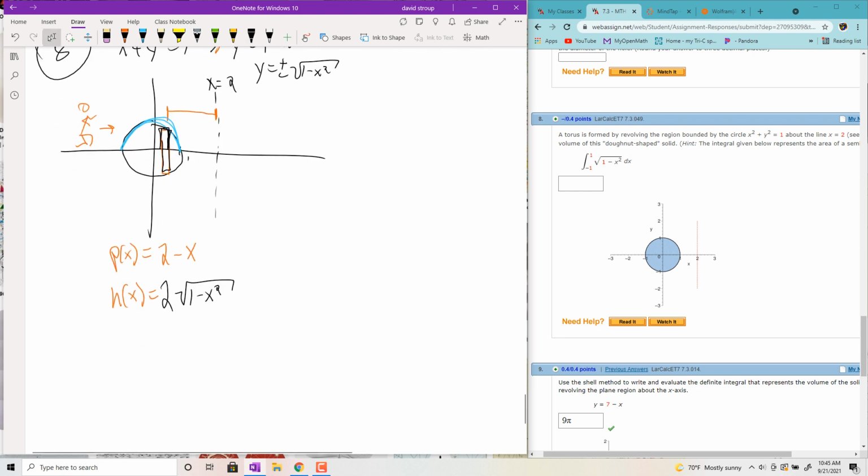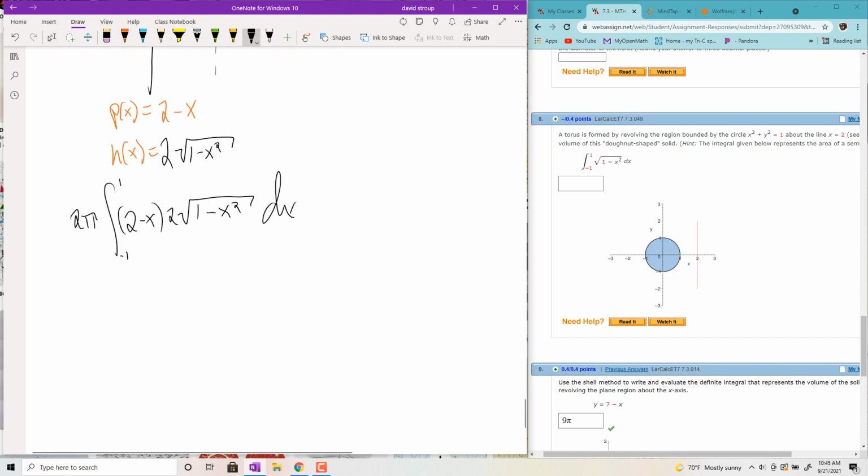Okay, so I'll have 2 pi times the integral from this point to this point on the picture. So this is -1 to 1. And then I have p of x times h of x dx. This is a nasty little integral, but it turns out you can use a lot of geometry to figure it out.